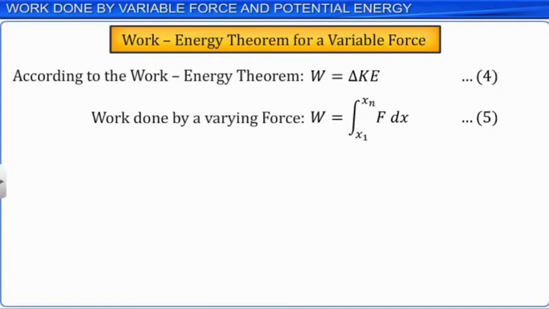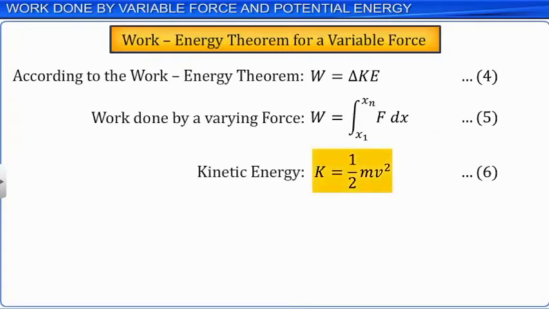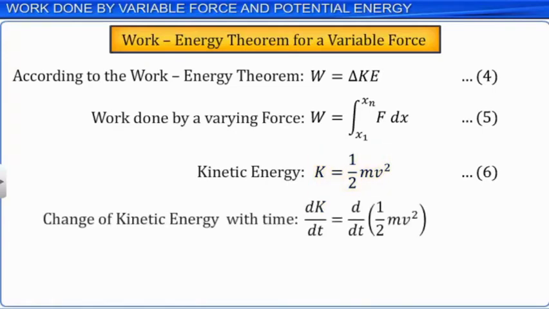If the velocity of the object at an instant is v, then its kinetic energy at the instant is expressed as half mv square. Let this be equation 6. On differentiating equation 6 with respect to time t, we get the rate of change of kinetic energy as dK by dt = d by dt of half mv square.